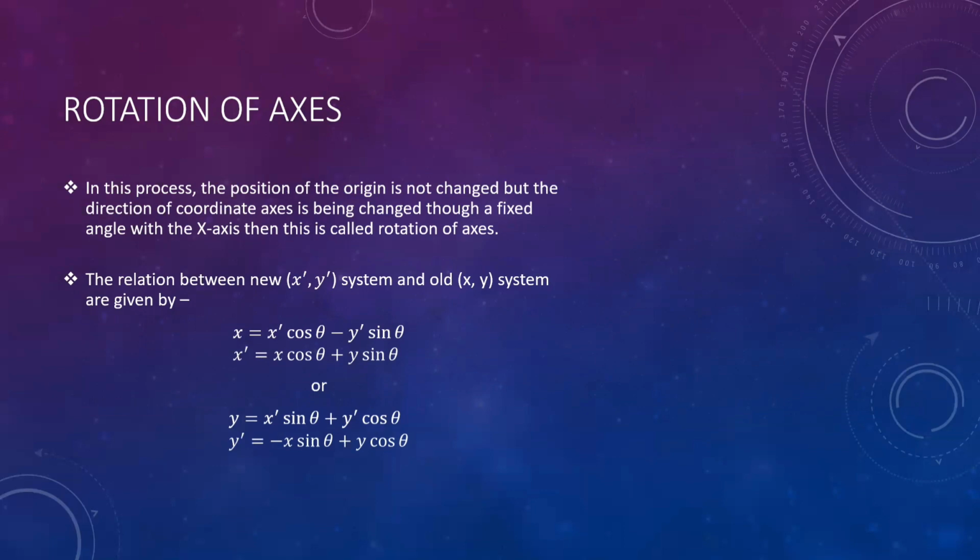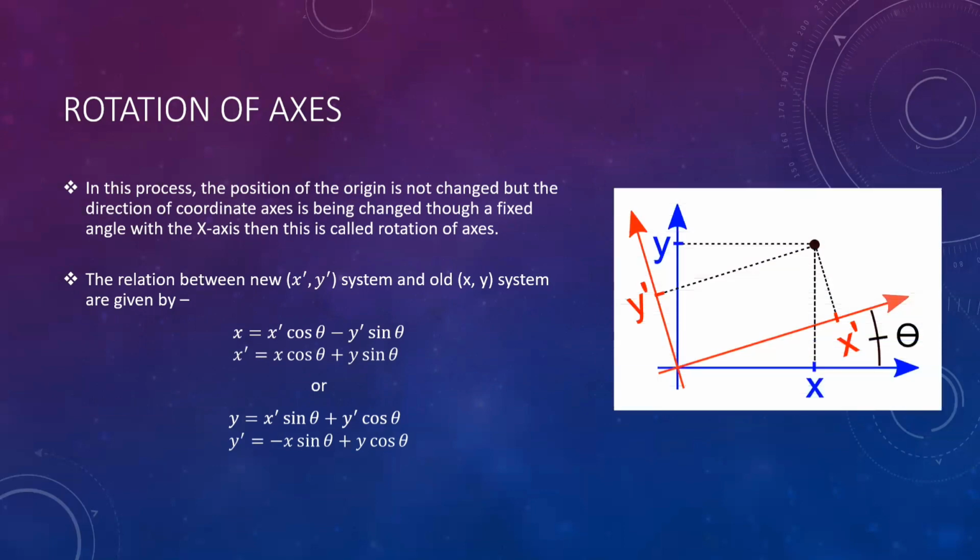The relations between the new x prime y prime system and the old xy system are given by x is equal to x prime cos theta minus y prime sin theta, then x prime is equal to x cos theta plus y sin theta, or y is equal to x prime sin theta plus y prime cos theta, then y prime is equal to minus x sin theta plus y cos theta. We can see that from the given figure.